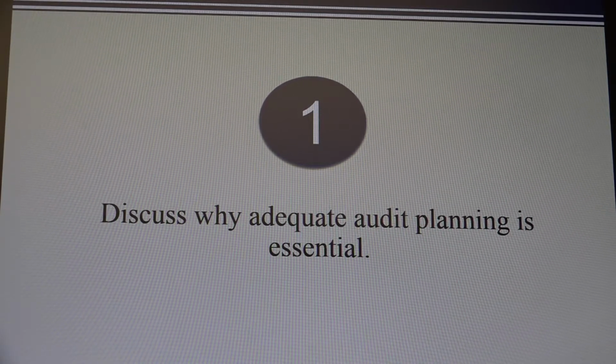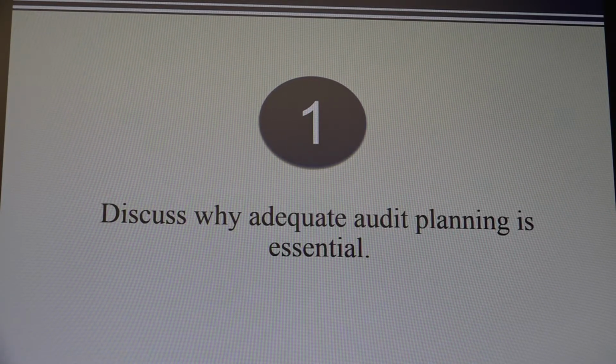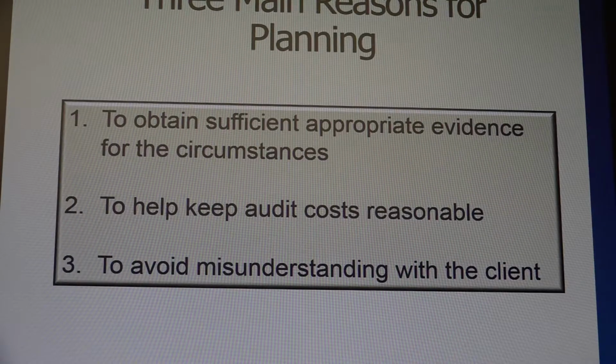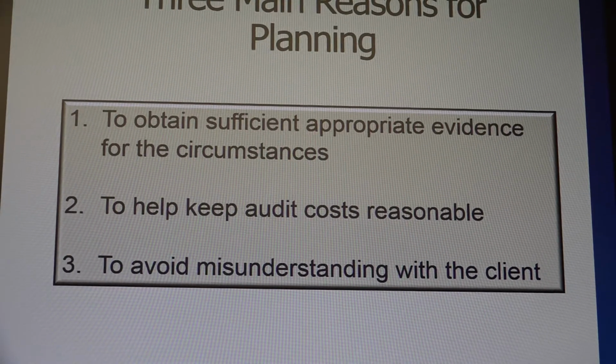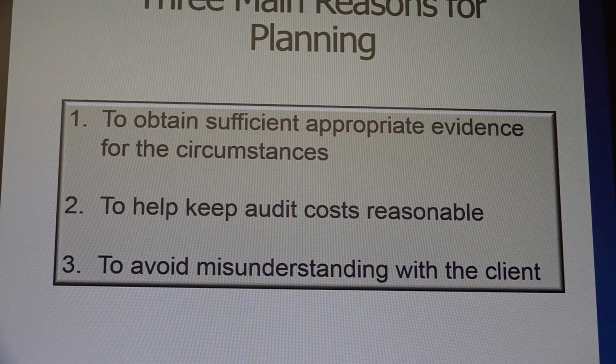And the book talks about three main reasons for that being true. Number one, the first is to enable the auditor to obtain sufficient, appropriate evidence for the circumstances. And so it's like anything else, I guess, in life.